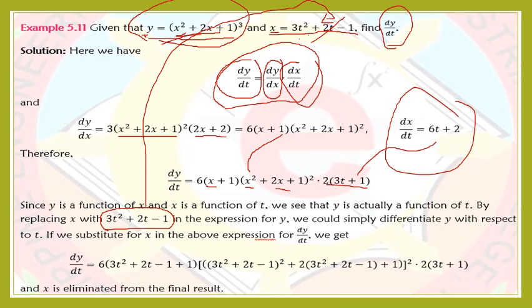Since ang x dito is na-eliminate na sa final result, lahat na t yung dito sa right side. I will leave this one as your exercise: simplify and solve.